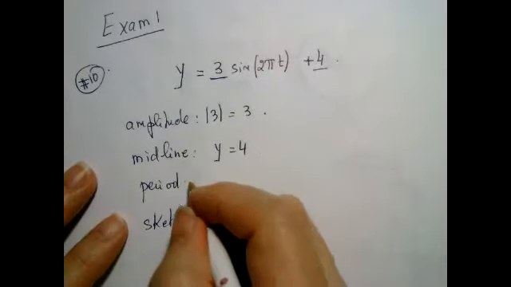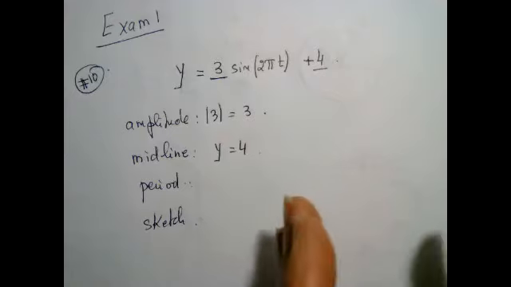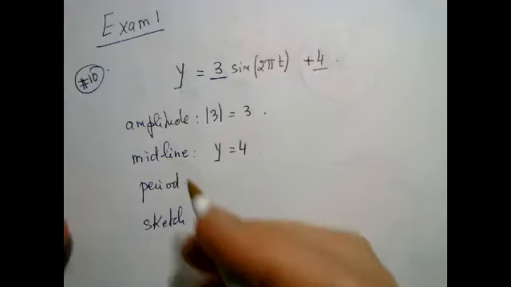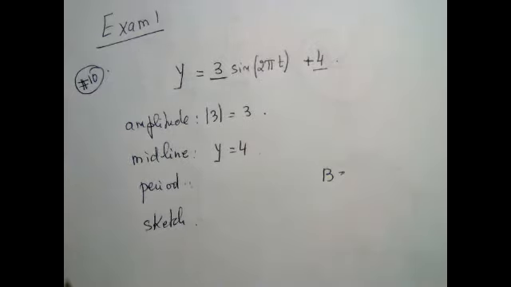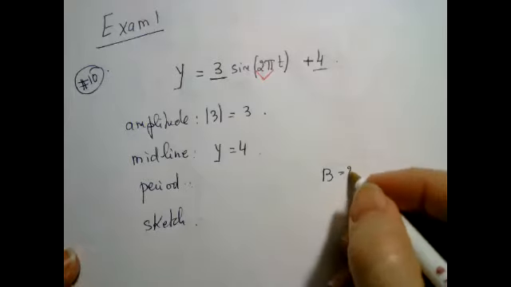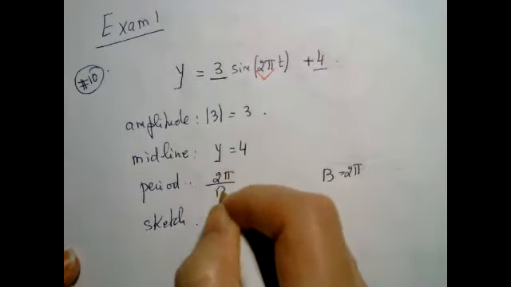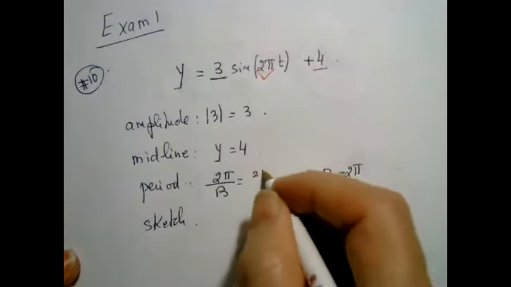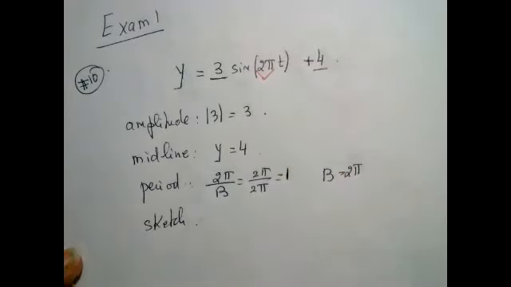The period means how long it takes for the function to repeat itself. In this case, the b is what t is multiplied by, which is 2 pi. So the period is 2 pi over b, which means 2 pi over 2 pi, which is 1.